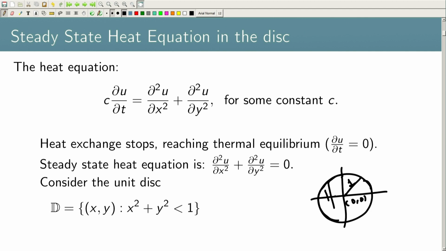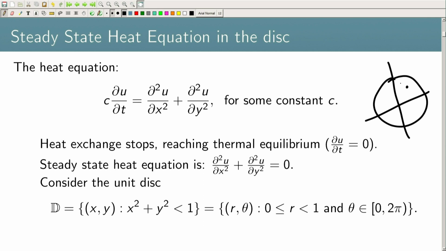Then this is our unit disk, which we can write in terms of polar coordinates. If we take any point in the unit disk, it can be represented by the radius r and the angle theta. Now, r can vary from 0 to 1 if we are taking the open unit disk.